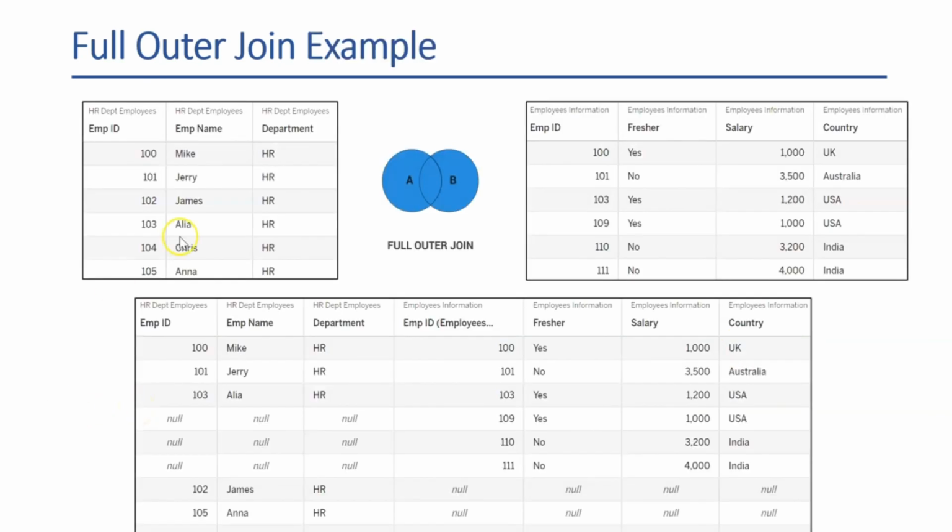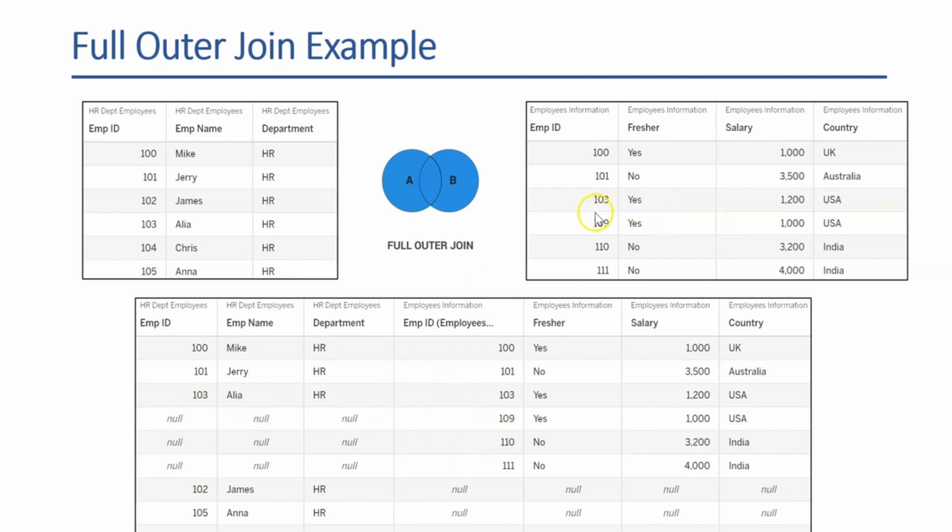So now let's see an example. This is my table 1, this is my table 2, and my full outer join creates a table which is a combination of my table 1 and table 2. You see that this is my resultant table, in which I have all the records from my table A and then all the records from my table B. Wherever the matching record is not available in the other table, it will insert null.